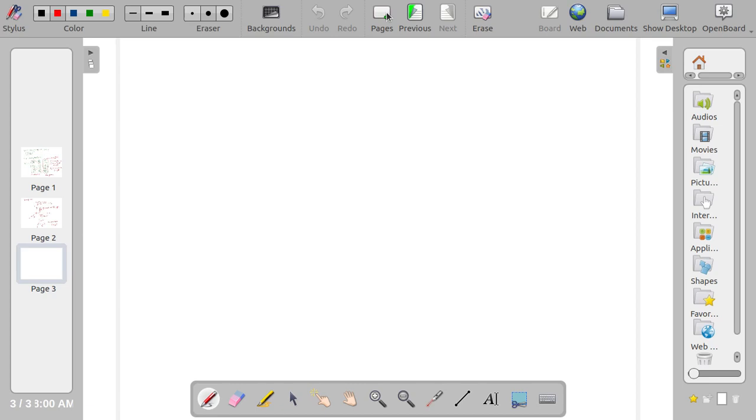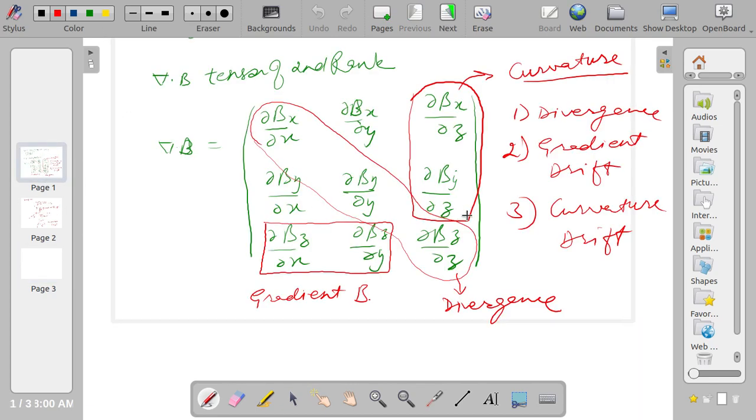For this, I am considering these diagonal terms. These are the diagonal terms which I am considering.